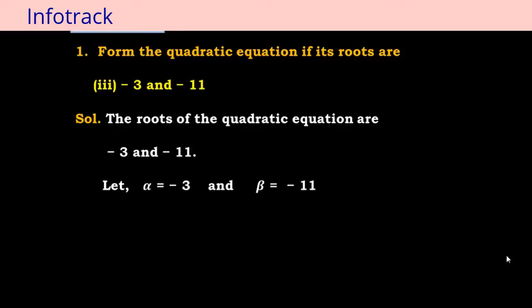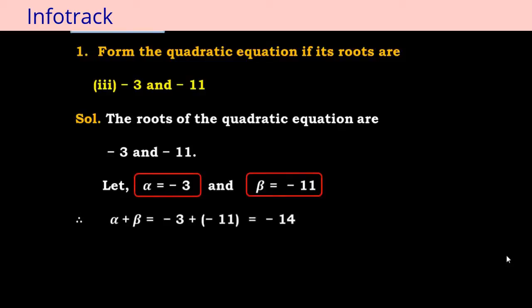So first you have to calculate alpha plus beta, that is minus 3 plus minus 11. See, plus minus becomes minus. So minus 3 minus 11 is minus 14. Equation number 1. Alpha into beta is minus 3 into minus 11, that is plus 33.